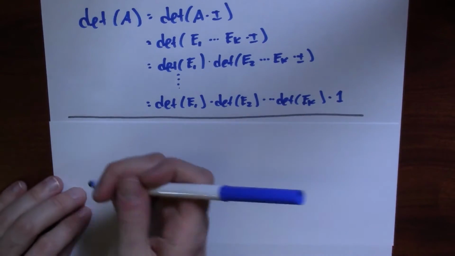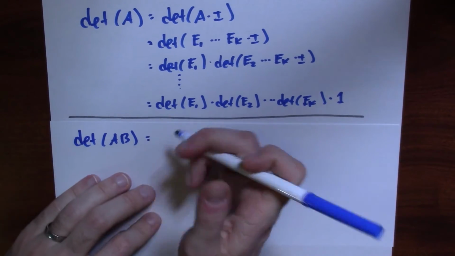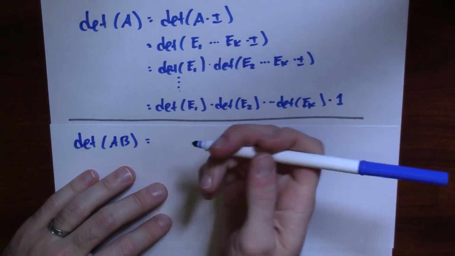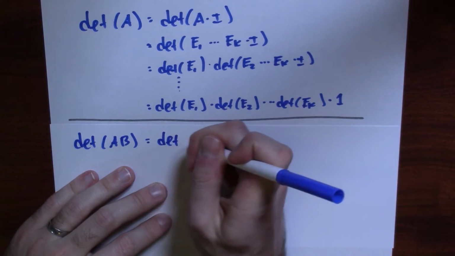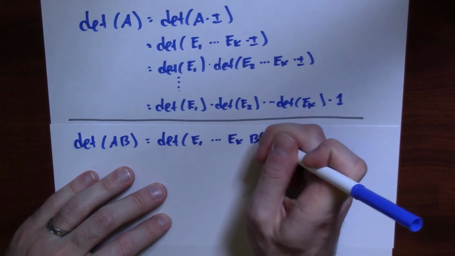Now consider the determinant of AB. We'll do the same thing. I'm looking at the determinant of AB, and assuming that A is non-singular, I've expressed A as a product of elementary matrices E1 through EK.